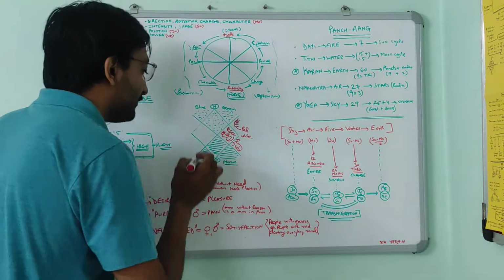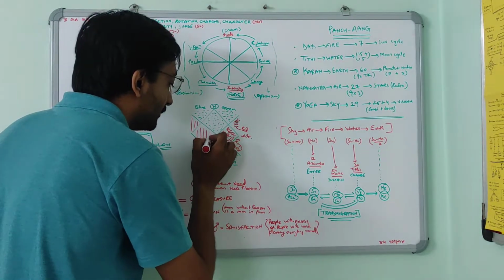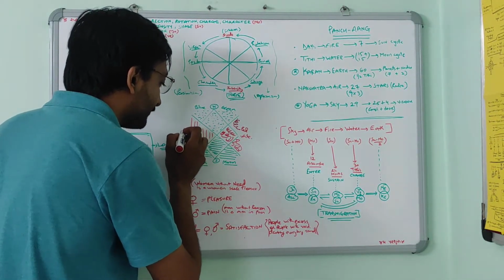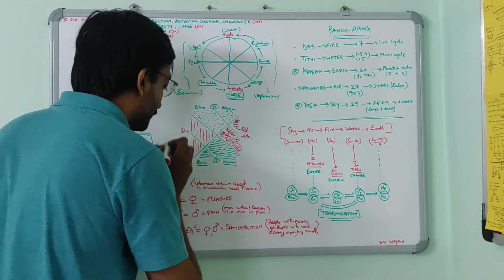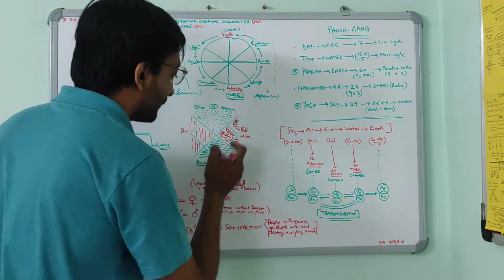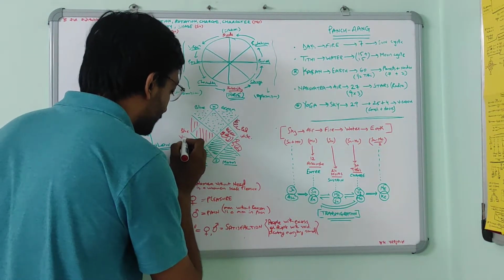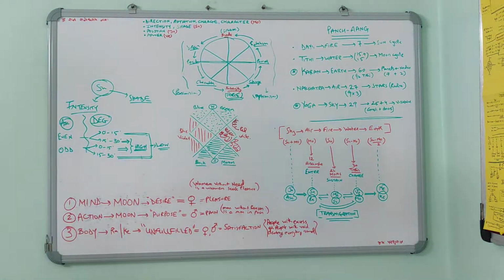And if it is more on the west, it is blue and violet. So these are the four directional strengths, or digbals.